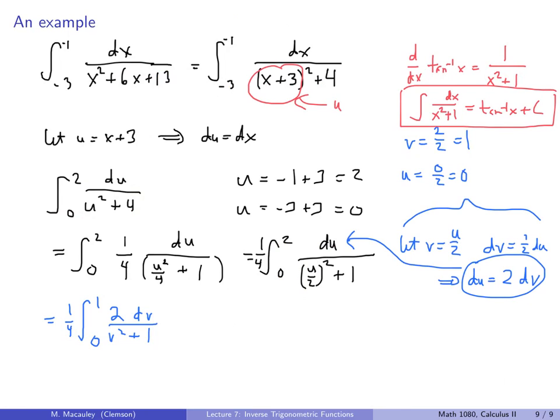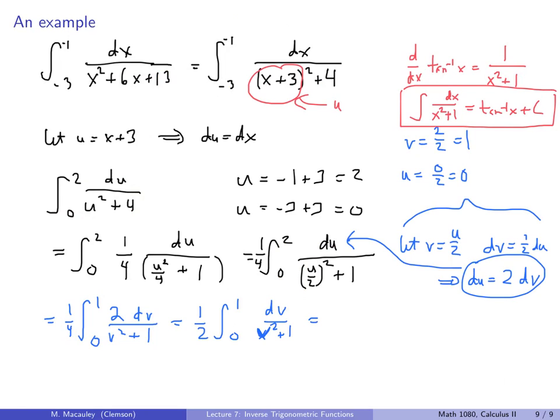So I'm going to write this now as, pulling out the 2, 1/2 integral from 0 to 1 of dv over v squared plus 1.